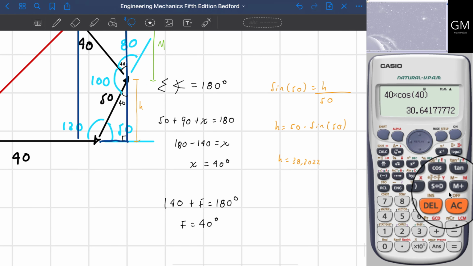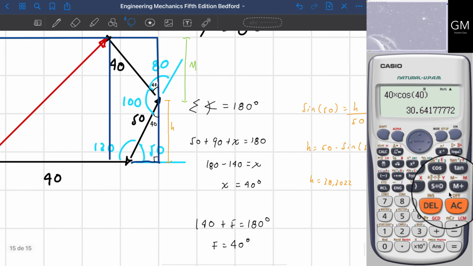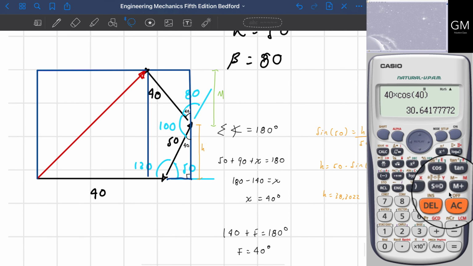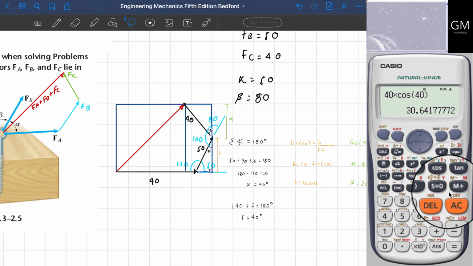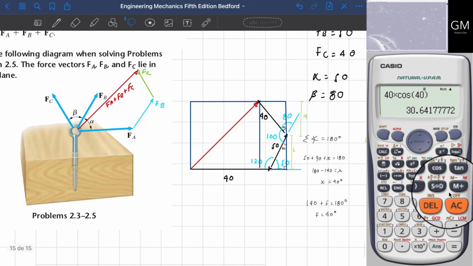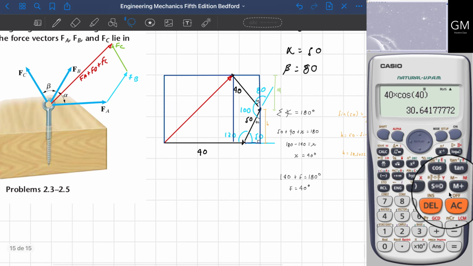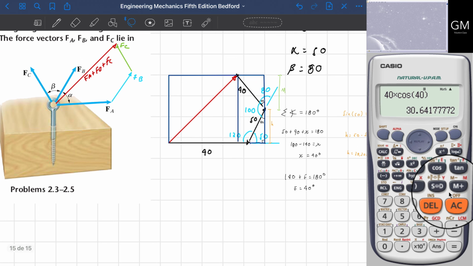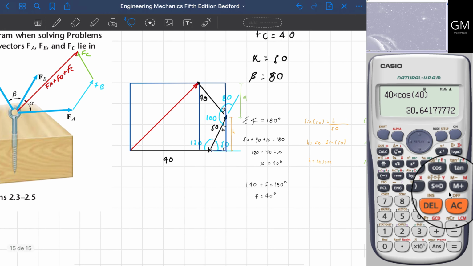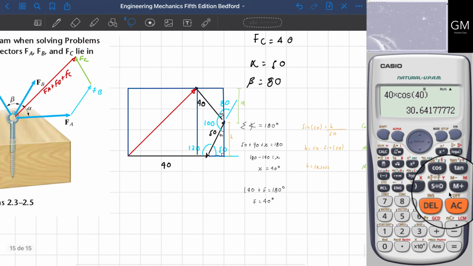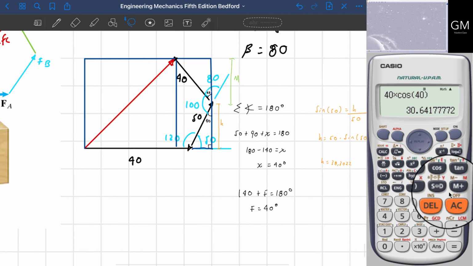Now the one that I need is this one. Although I'm not sure. This is a little bit difficult for me to know. Okay, this is equal to 40.